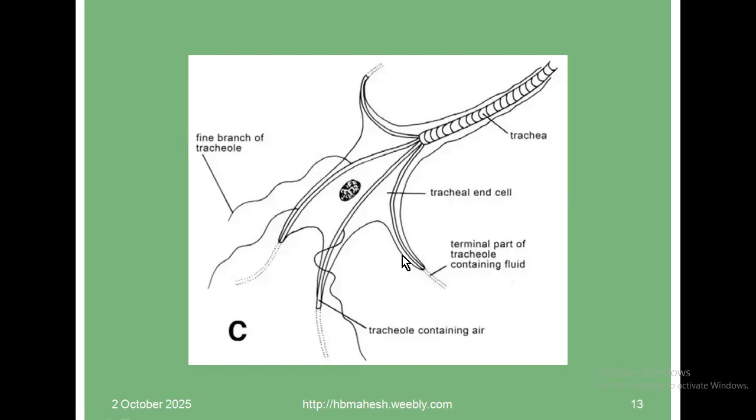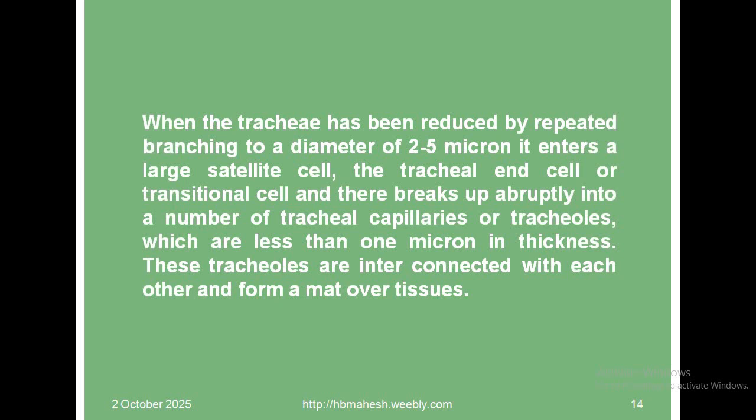This picture shows the mechanism of gas transport. This is the tracheal system. These fine networks are the tracheoles, which contain air. This air diffuses into the required cells, which are the site of utilization.